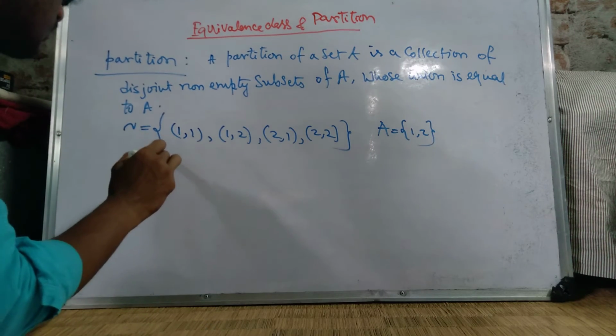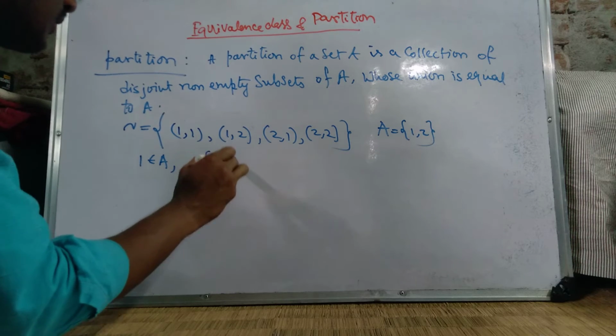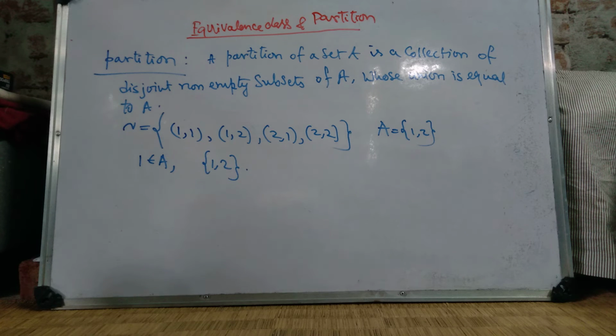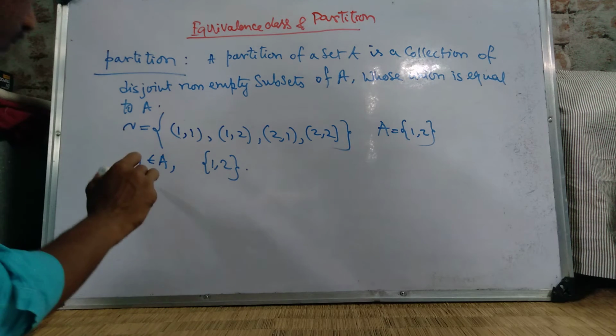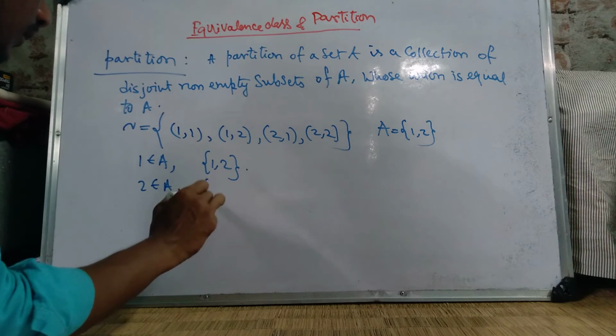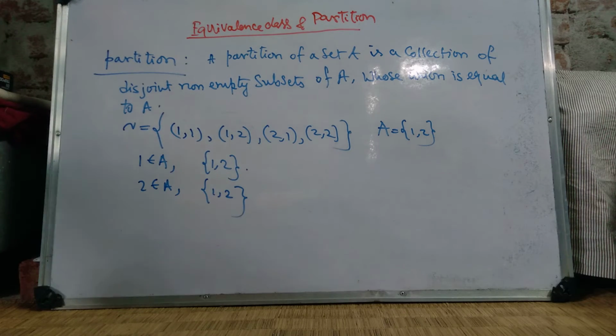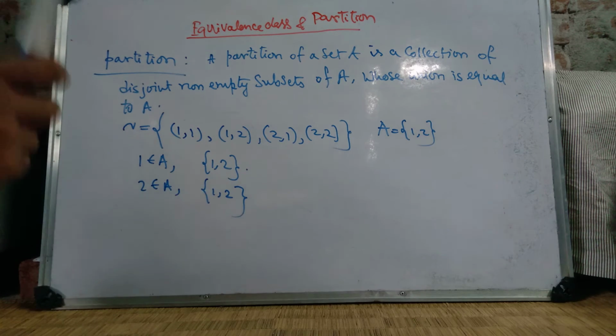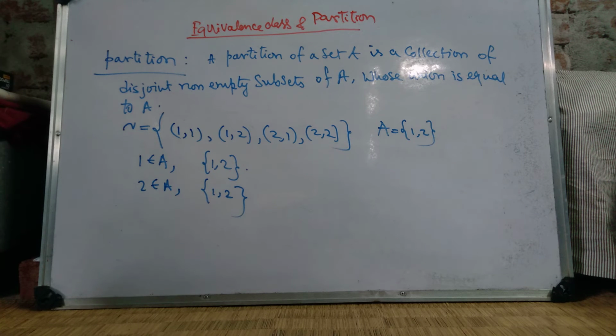Then 1 belongs to A, and 1 and 2 are related, so {1, 2} is a partition. Then 2 belongs to A, and 1 and 2 are related to 2. These two partitions are the same because a common element is there. That means partitions are equal or disjoint. Here an equal partition is found.